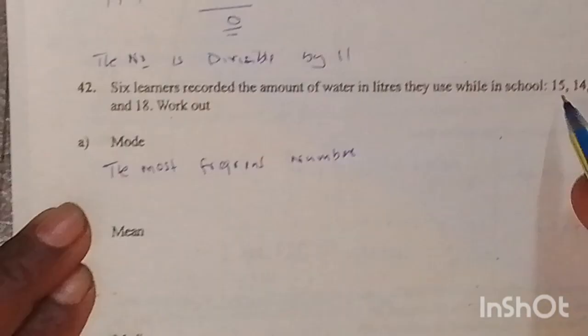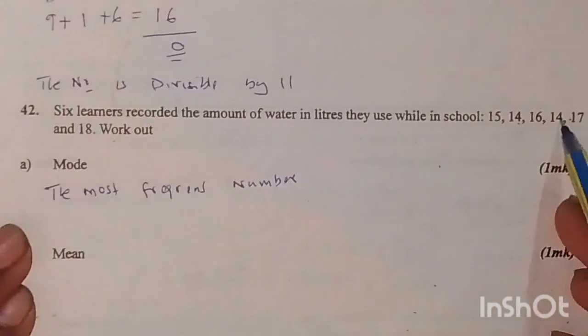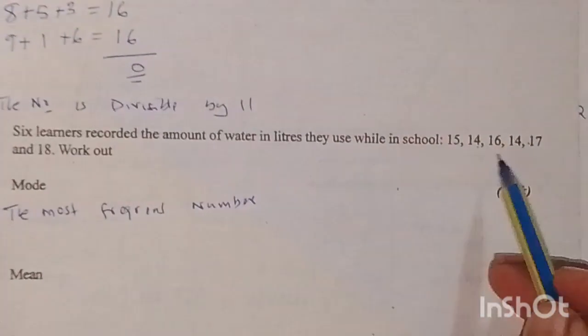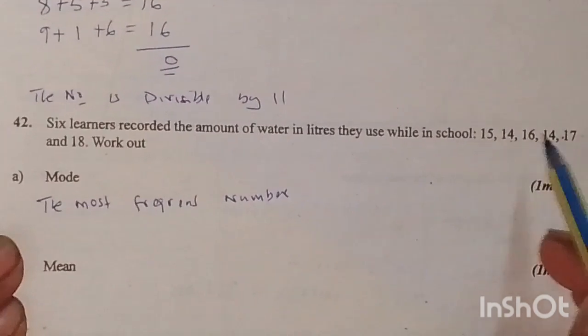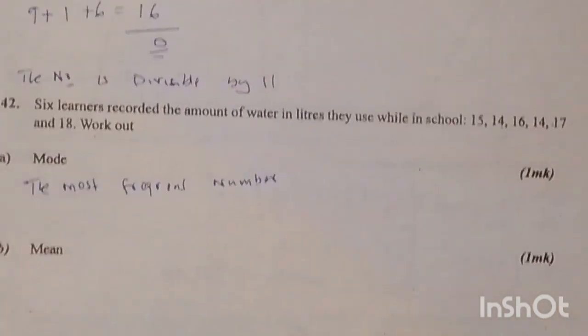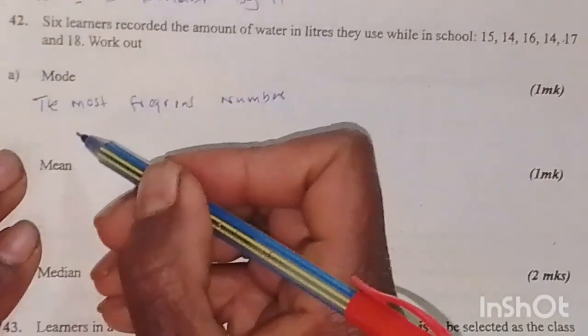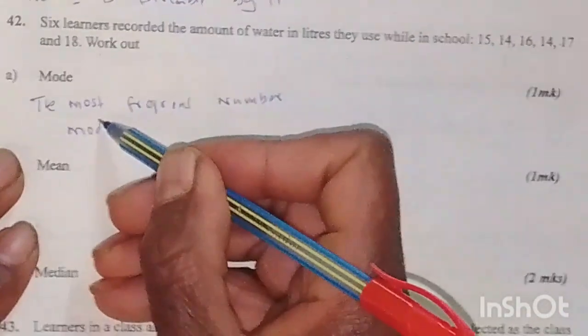See this: 15, there's 14, there's 16, there's 14, and 17, and there's 18. Look at 14. 14 is repeated twice. All these other numbers appear just once: 15 is 1, 16 is 1, 17 is 1, and 18 is 1. Therefore, the mode is 14.